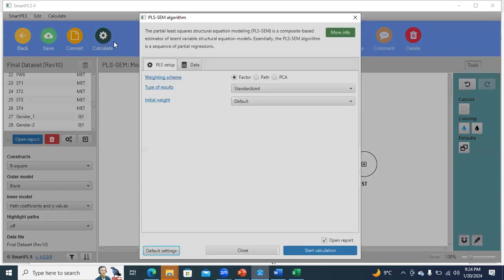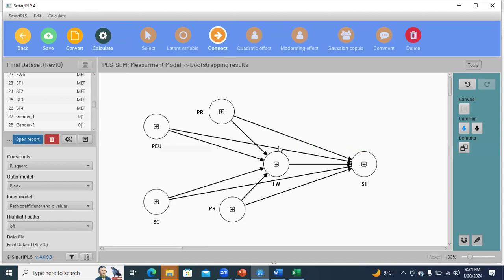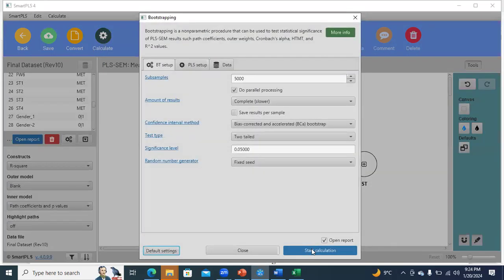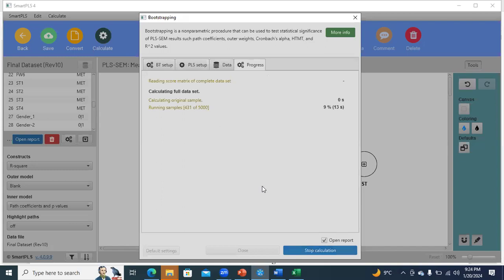Just a minute. I need to run the bootstrapping. Yes, this one. So what will happen if I connect this and it again will become significant? It means there is a partial mediation if the mediation is still significant. But if the mediation is not proved, I will have to interpret accordingly.